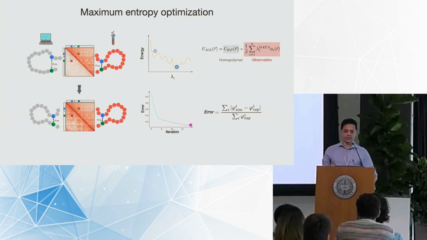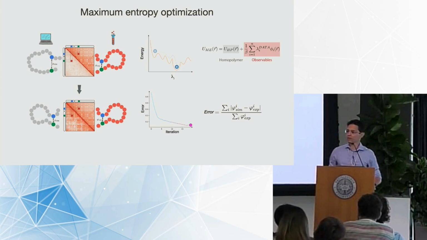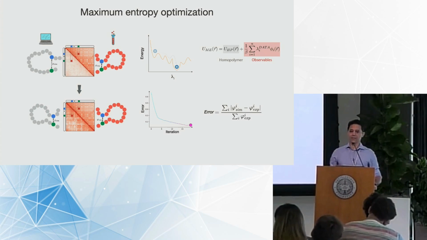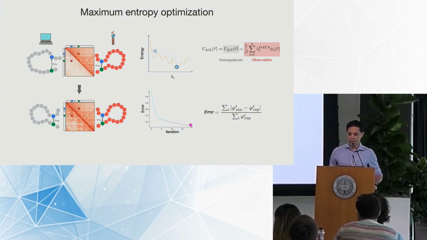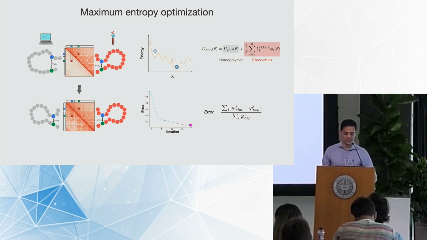For that, we're going to use the minimal chromatin model that was also explained during this workshop. As we have the Hi-C, we're going to train the parameters of this model on top of the Hi-C using the maximum entropy approach, which we did during the early workshop.